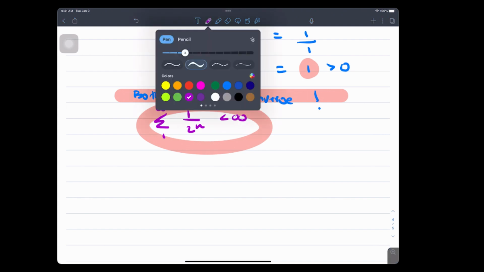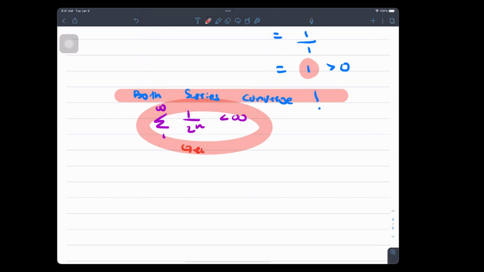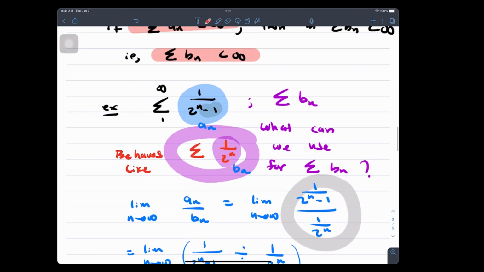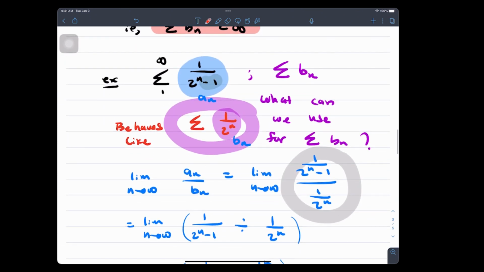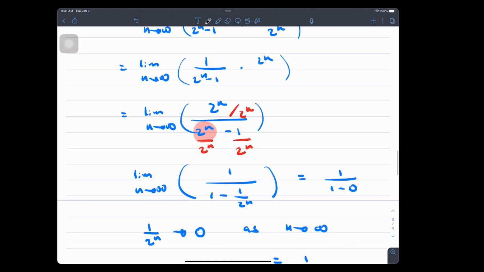Isn't this a geometric series where r equals 1/2? That's a geometric series, r is 1/2. So what that means, ladies and gentlemen, is that at the end of the day, here's your conclusion.